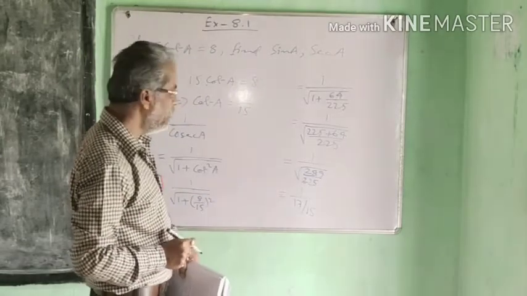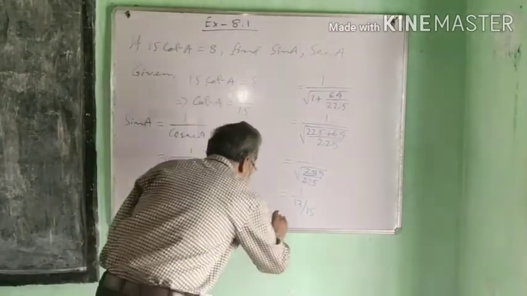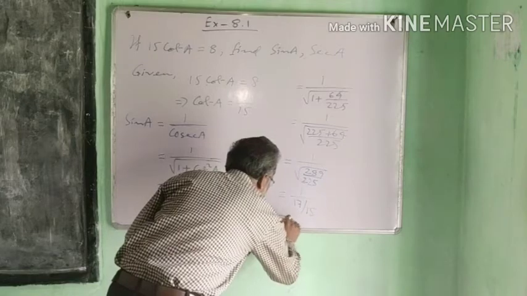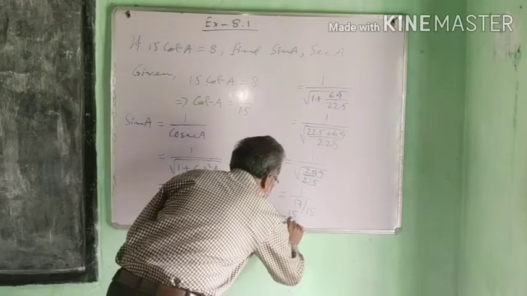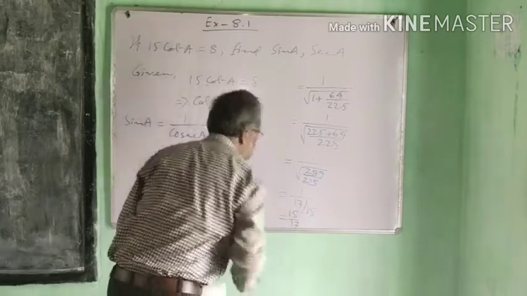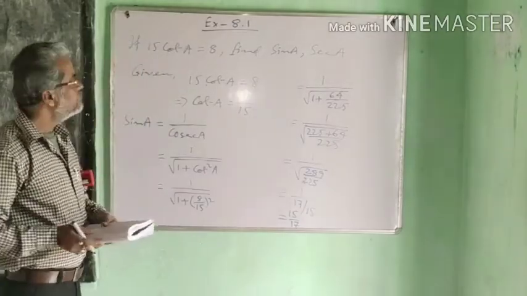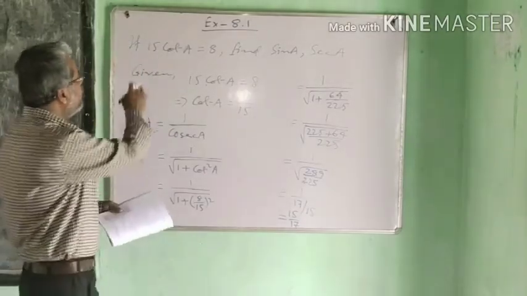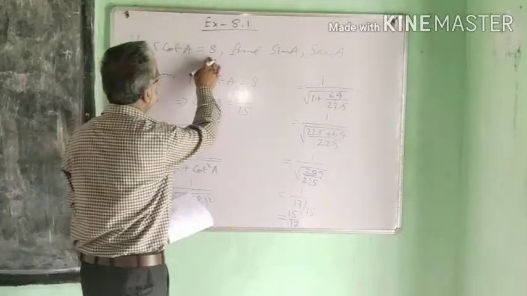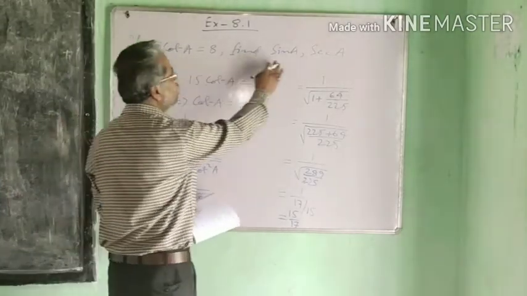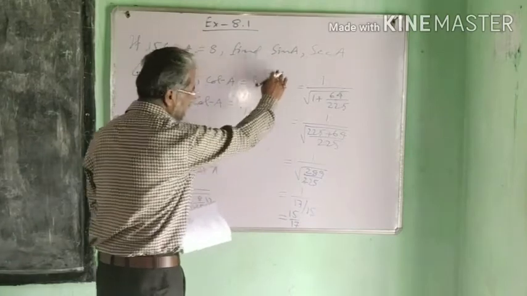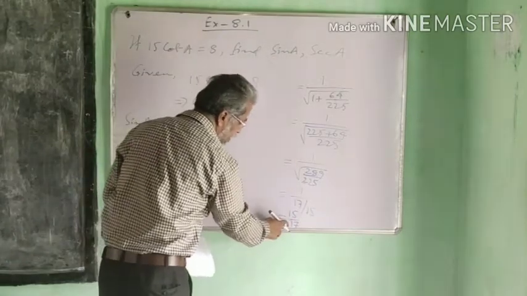So 1 by 17 by 15, ultimately the answer is 15 by 17. So from 15 cot A is equal to 8, we have found out sin A. Sin A is 15 by 17.